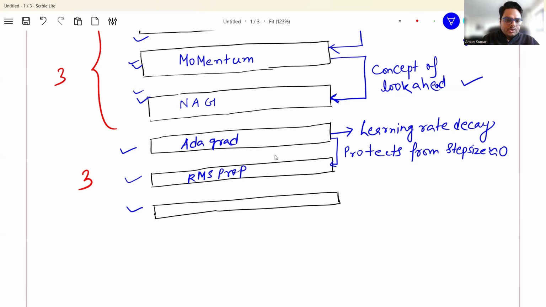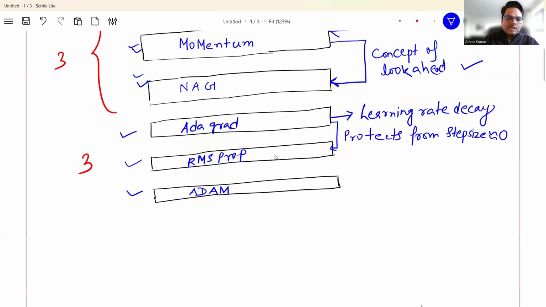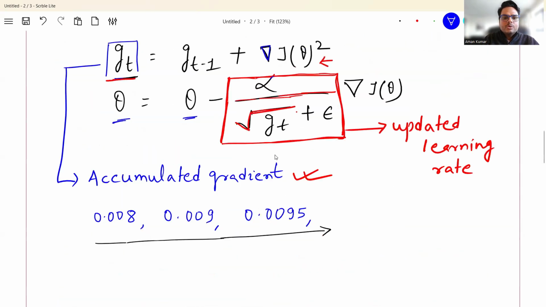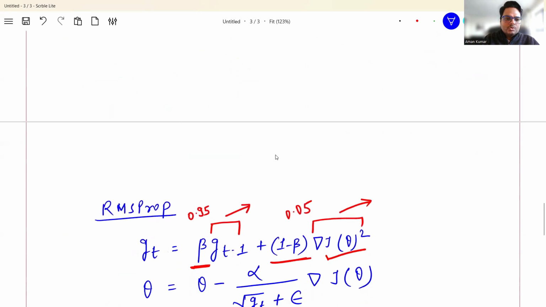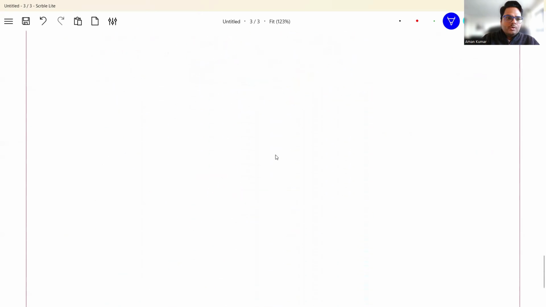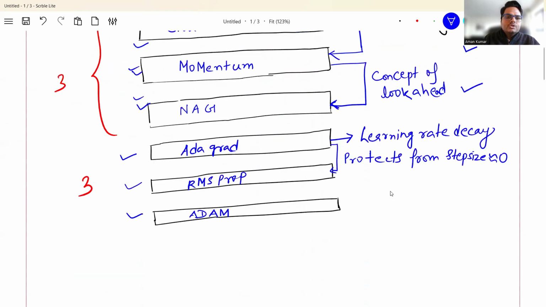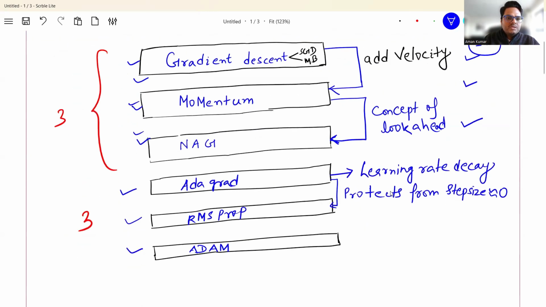Now what we are going to learn is the most sophisticated and most used optimizer in the world of deep learning, known as Adam. I'm going to write the formula of Adam here, but I'm also going to tell you the story so that you can remember Adam very clearly. So what we have achieved till now is, from the concept of momentum, we are able to move in the right direction fast.